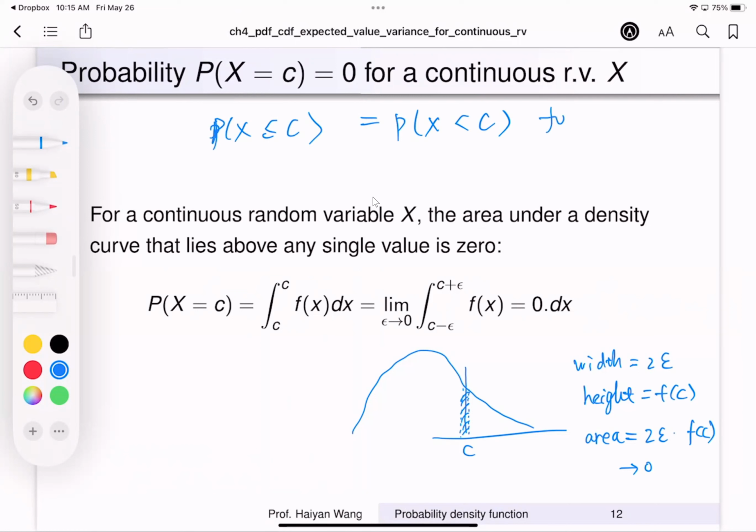This is the case for a continuous random variable x. But this is not the case if x is a discrete variable.